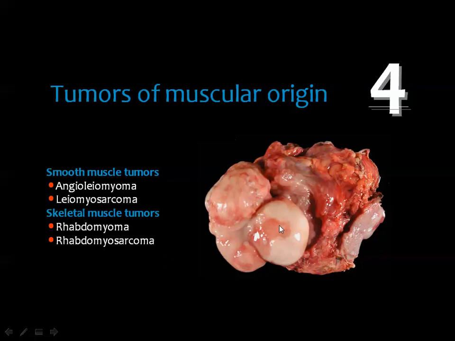Then the tumors of muscle origin are only four. Two arising from the smooth muscles, and these are the leiomyoma and leiomyosarcoma. Another two arising from the skeletal or the striated muscles, and these are the rhabdomyoma and the rhabdomyosarcoma.